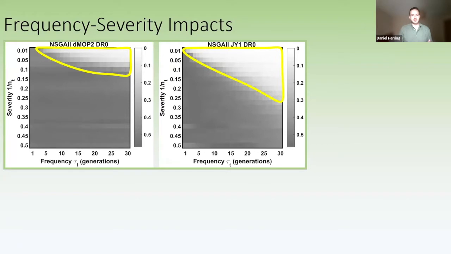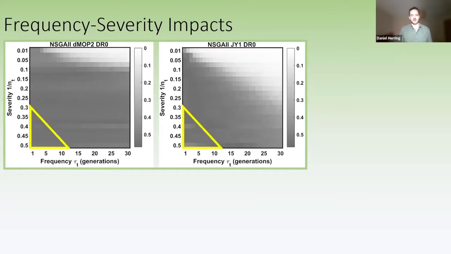The hardest instances are in the bottom left here. These have the rapid change events with high severity, and the performance of these static algorithms cannot handle these instances, but the performance drops off long before these.